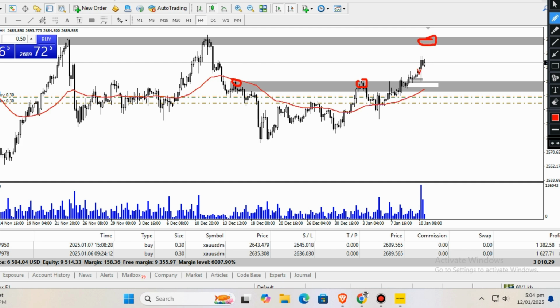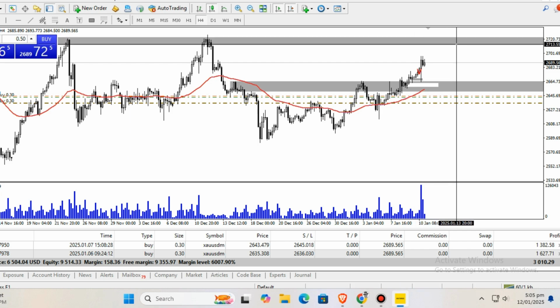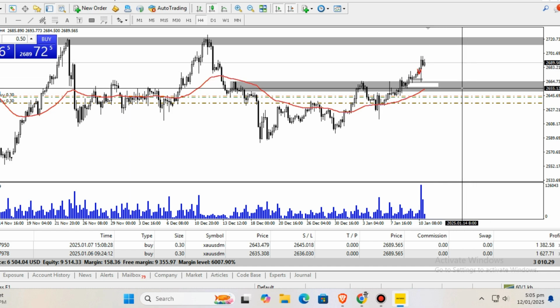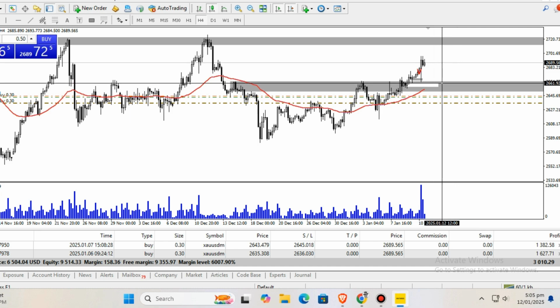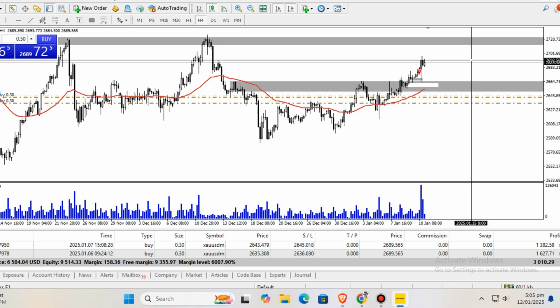If market comes to this area and forms some candlestick pattern in this area, then maybe some reversal can happen in the short term. And if I talk about downside levels, then these levels are for the downside movement, and if any candlestick pattern happens in this range, then again market can continue its upside direction.